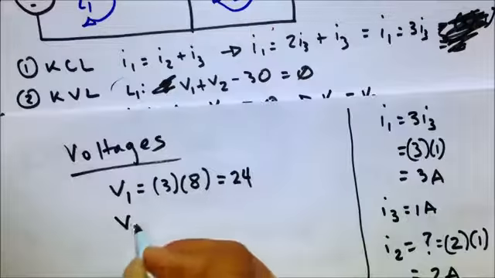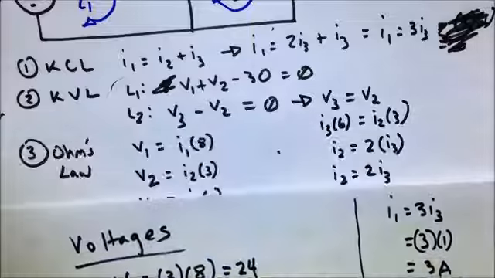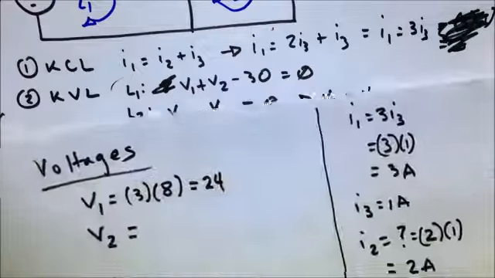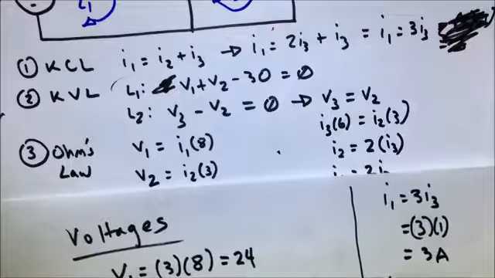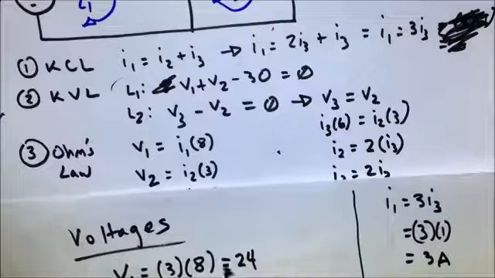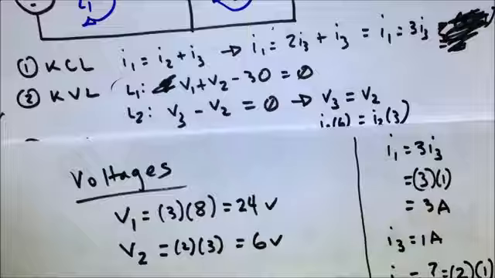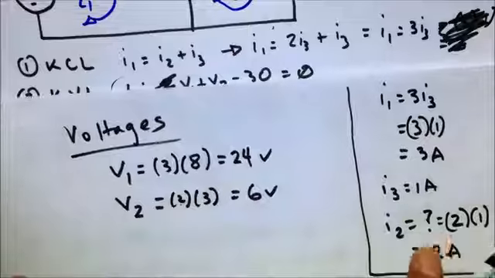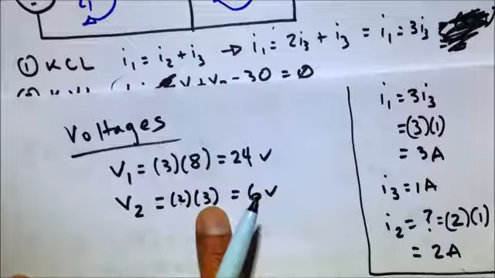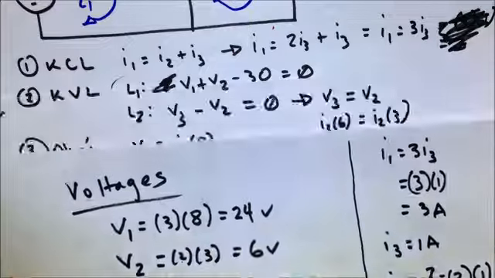V2, using Ohm's law, is I2, which we just solved for as 2 amps, times 3, that is 6. Let's make sure we put some units in here. 6 volts. So V2 equals I, which is 2 amps, times the resistance, which is 3 ohms, equals 6 volts.